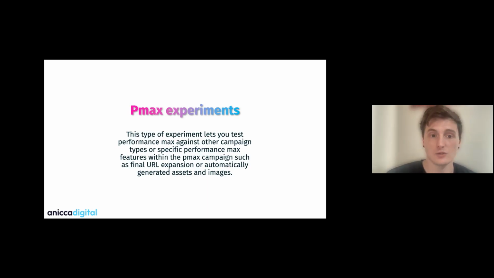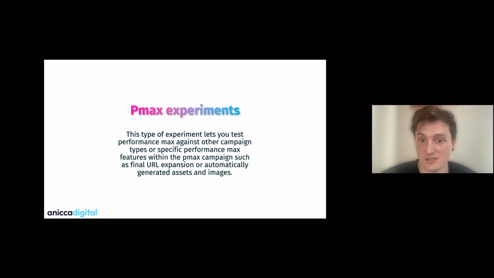It allows Performance Max, if it thinks there's a better landing page or a better variation of that product that will get you a higher conversion rate, to send the traffic to that page instead. So you do have to monitor it, because you're putting your trust in the hands of Google, which is not my favorite thing to do all the time. But that's effectively what final URL expansion is.